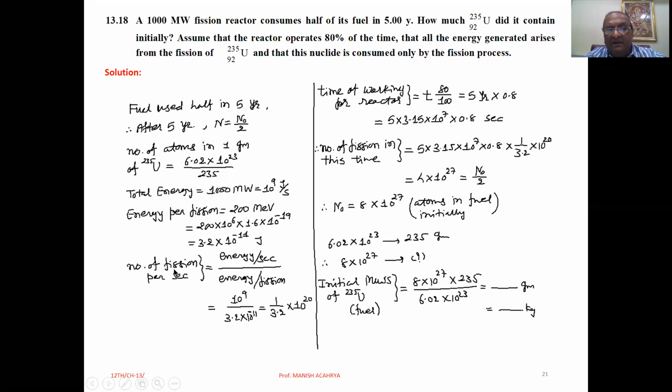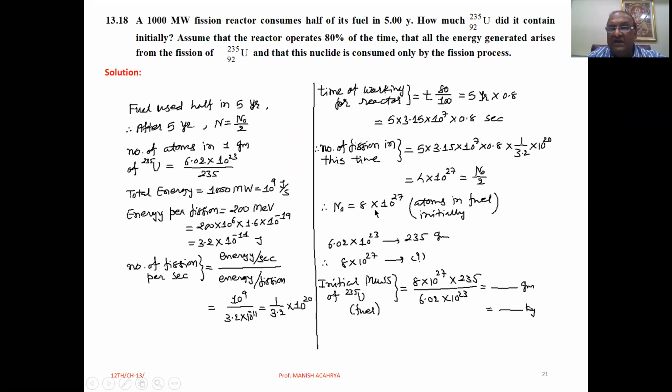Now if this many fissions occur per second, how many fissions occur in this much time? So the number of fissions in this particular time, that is in the 5 years in working condition, is 5 into 3.15 into 10 raised to 7 into 0.8 into 1 upon 3.2 into 10 raised to 20. So the number of fissions in 5 years of working condition is 4 into 10 raised to 27. But the number of fissions in 5 years of working condition we can say is N0 by 2.